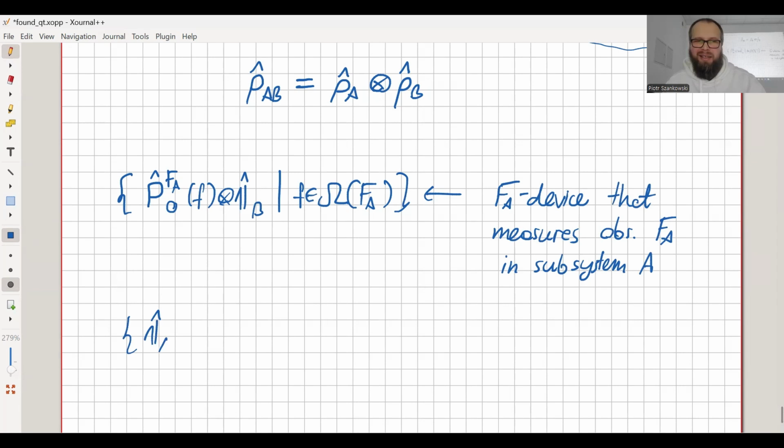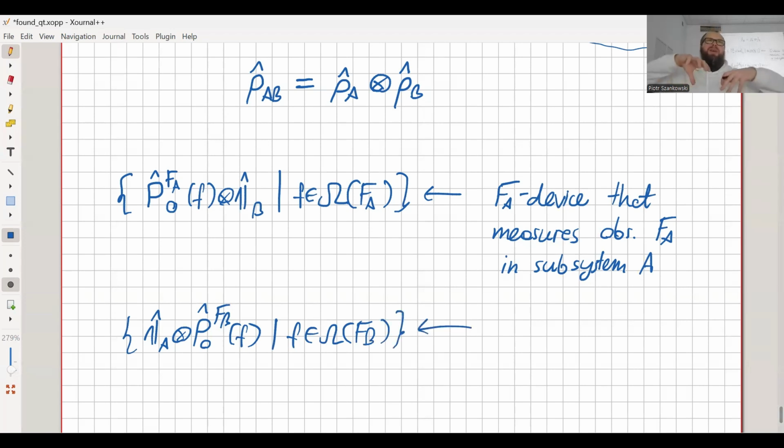And 1 A times P0 F, that would be the corresponding representation for measurements in subsystem B only, okay?